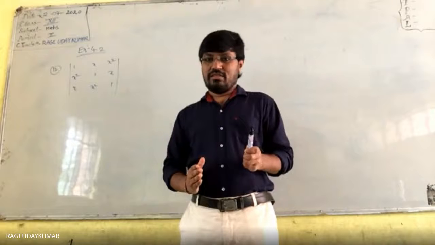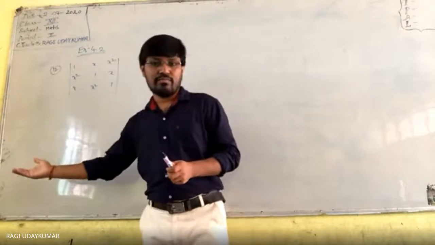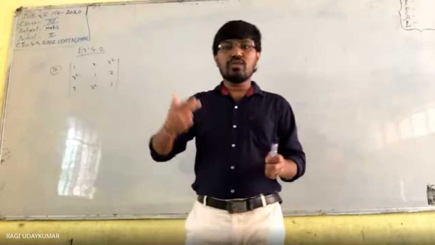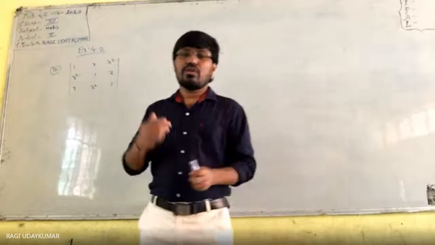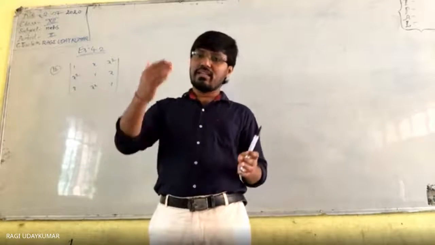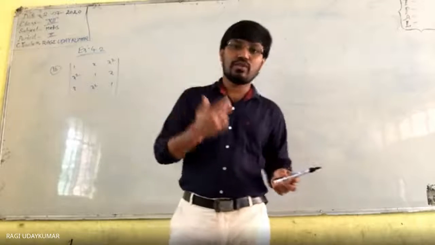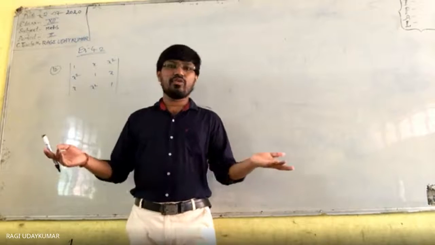Do you understand? If you get 1, 1, 1 like the previous model problem, what to do? Any 2 ones you need to make as 0. After making any 2 as 0, then obviously expand using that row or column which contains the 2 zeros and a 1. That is the thing you need to do here.